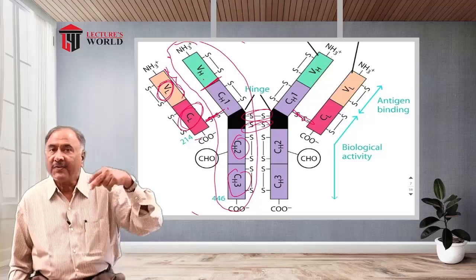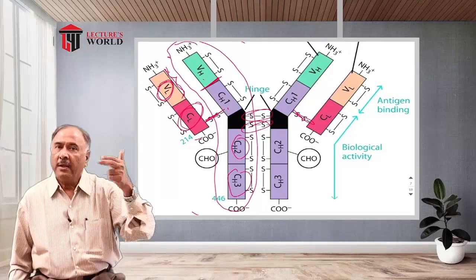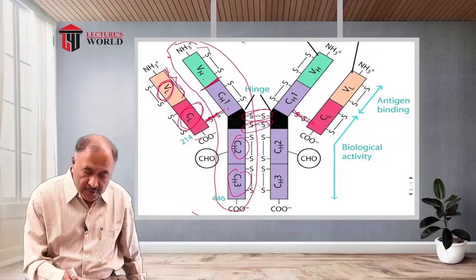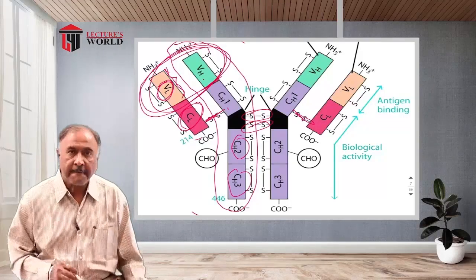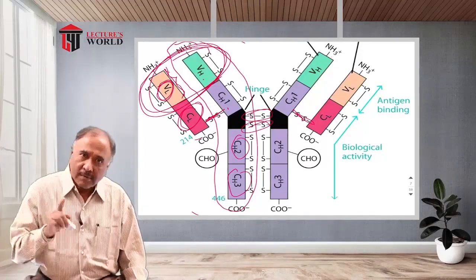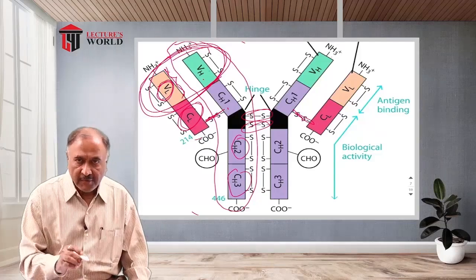The one at the distal end, where actually it will bind with an immunogen, this region as a whole is known as variable region, because this variable region is allotted to light chain also and heavy chain.